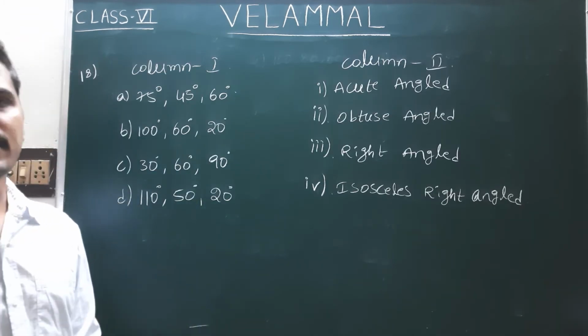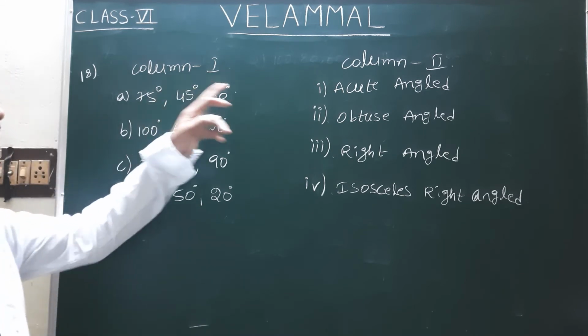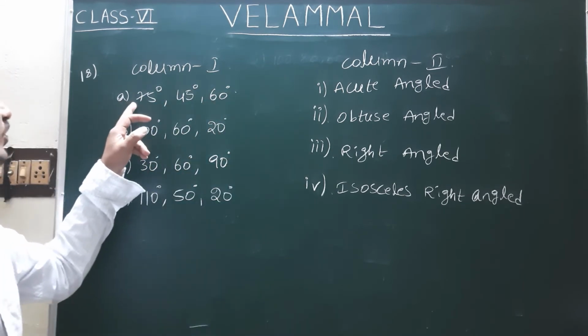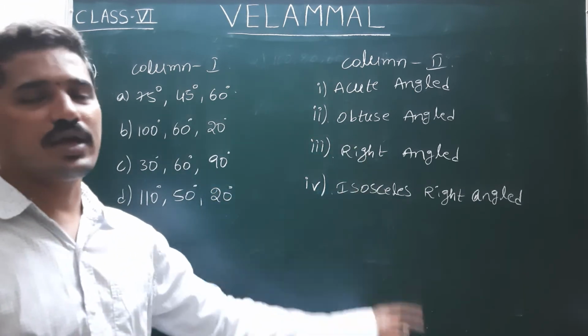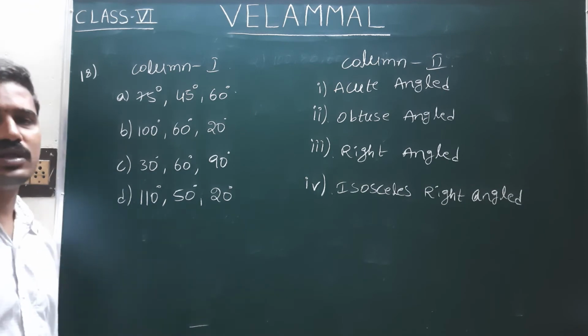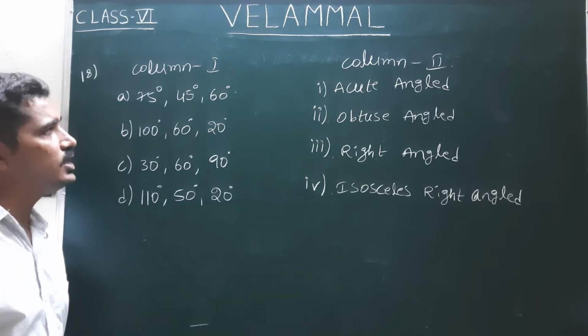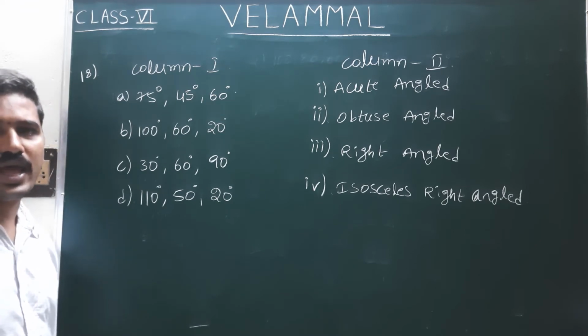Next we have the 18th question. Match the following. Matrix matching. Column 1 and column 2 are given. In column 1 angle measures are given, and in column 2 types of triangles are given. In the first class itself we have discussed the classification of triangles based on the angles.